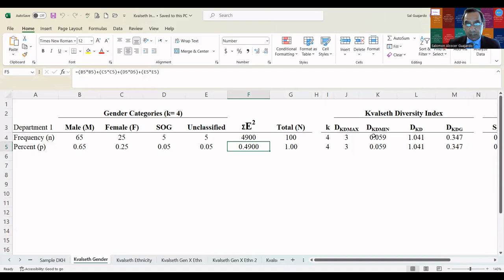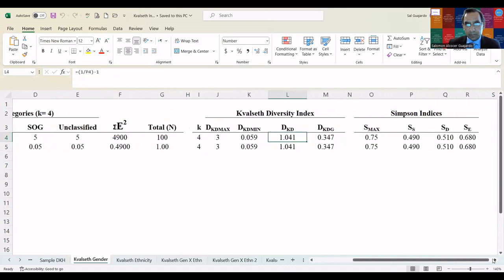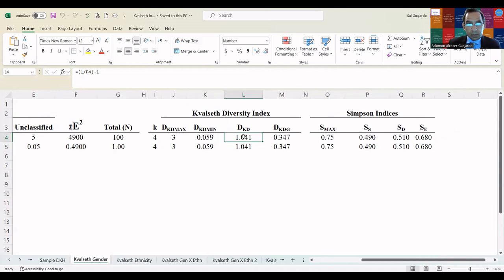Now remember I said that the Kvalseth index is based on the Simpson index. So here what I have is the Kvalseth homogeneity index. Remember, that is 1 divided by the Simpson concentration score minus 1. So here I have 1 divided by 0.490 minus 1.